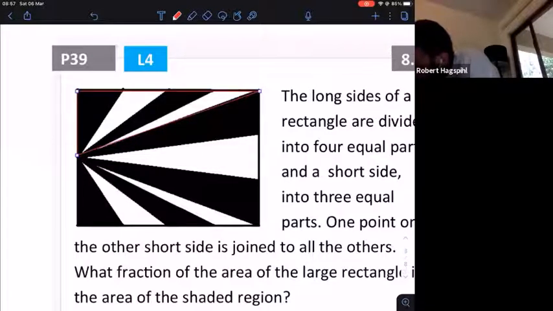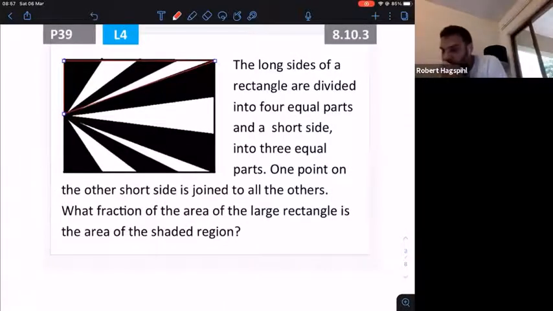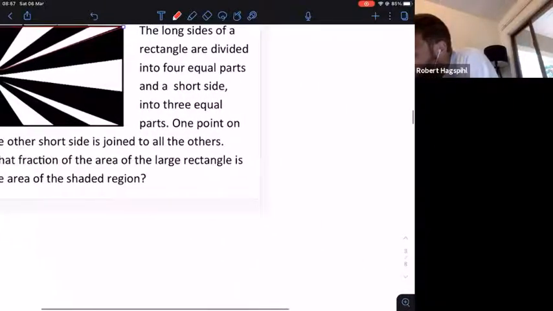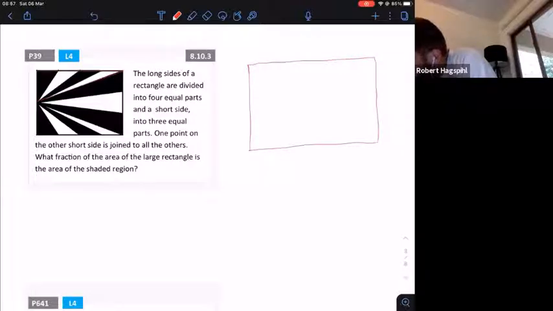If I look at that red triangle, do you see that that is a quarter of the whole rectangle? Okay. So if I were to draw a rectangle like this, let me try again. If I draw a rectangle like this, okay, anyways, whatever.